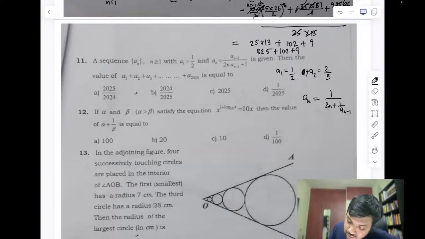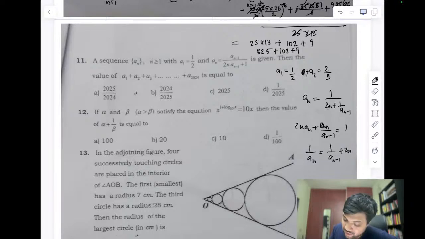Is this helpful? So 2n an plus 2an by an minus 1 is 1. So, oh, I see. 1 by n, if you divide by n, is 1 by n minus 1 plus 2n. So at least there seems to be telescoping for 1 by n.